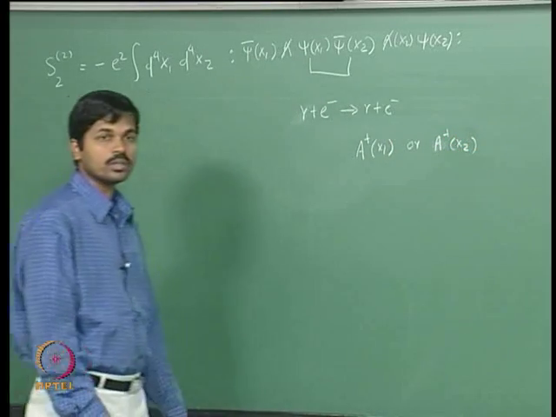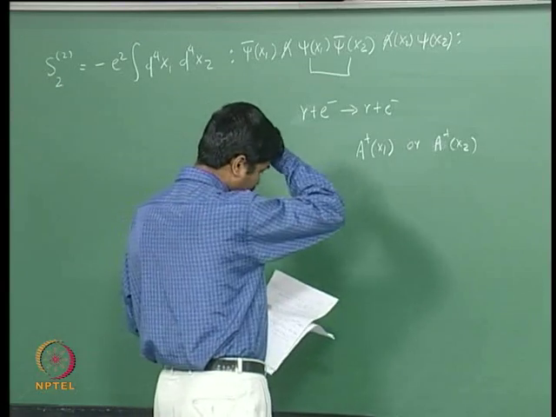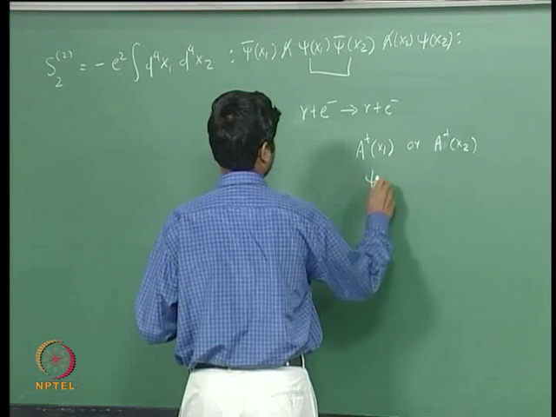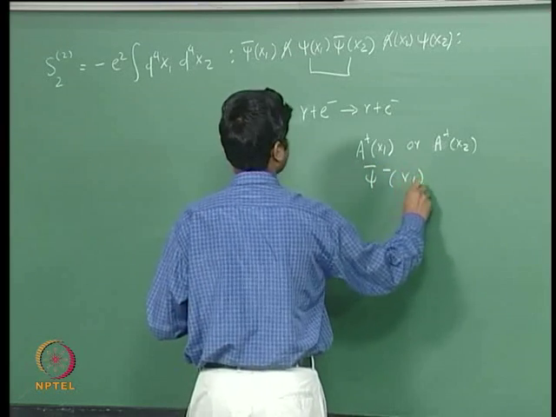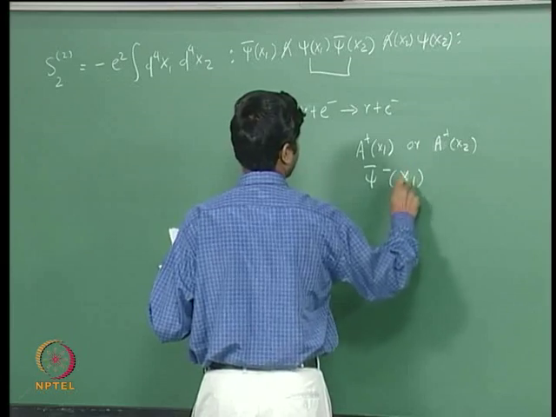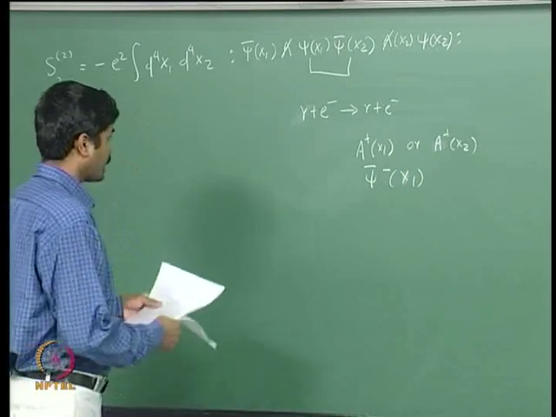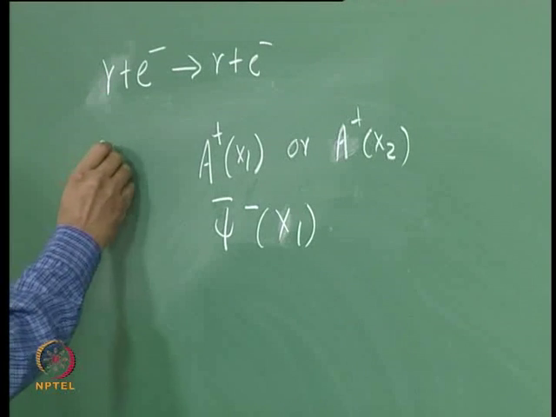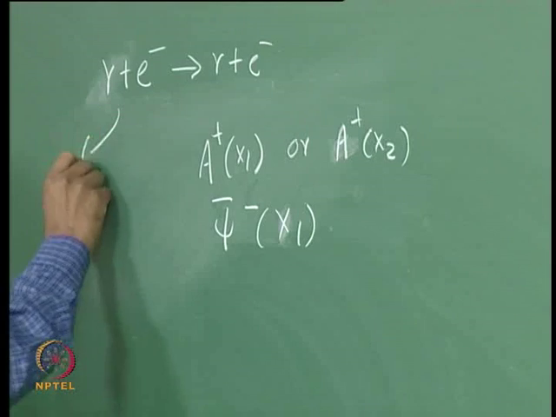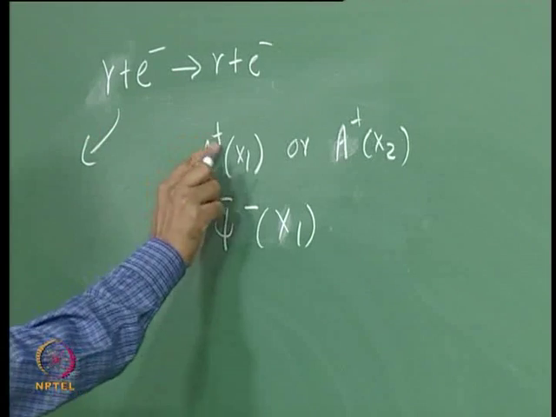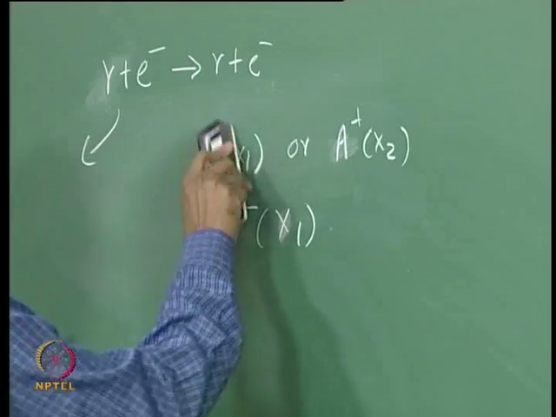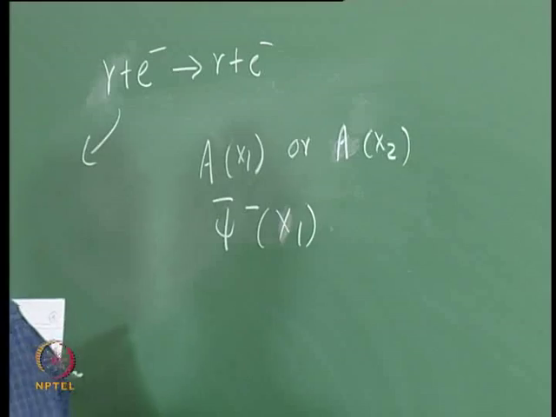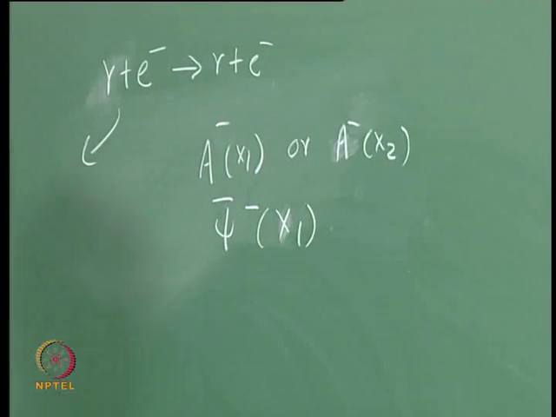For the outgoing electron, it should contain psi bar minus of x1. And for the incoming photon, this will destroy a photon, right? So, you need A minus of x1 or A minus of x2.